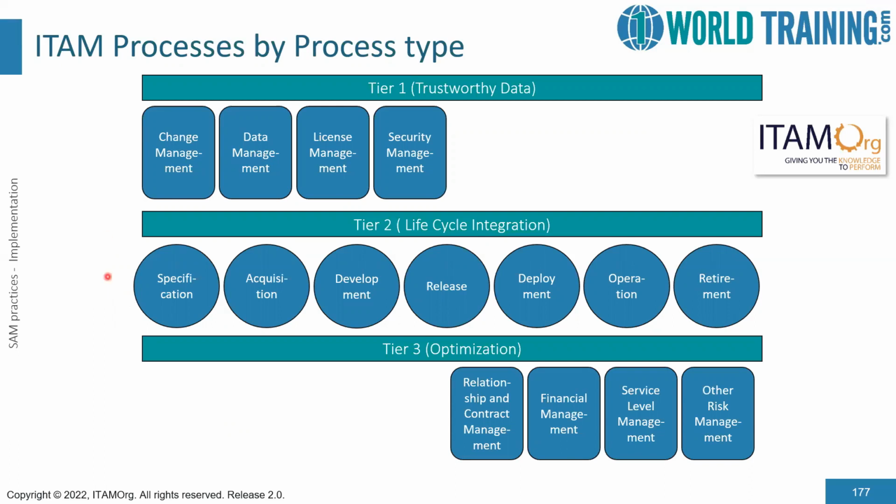So tier 2 is about the entire life cycle to make it efficient from a cost perspective and effective as well: specification, acquisition, development, release, deployment, operation, and retirement. And we understood all that in the previous section already. Tier 3 is about further improving the efficiency and effectiveness of SAM by bringing in other processes, the functional processes, 4 more, which are the relationship and contract management, financial management, service level management, and other risk management.